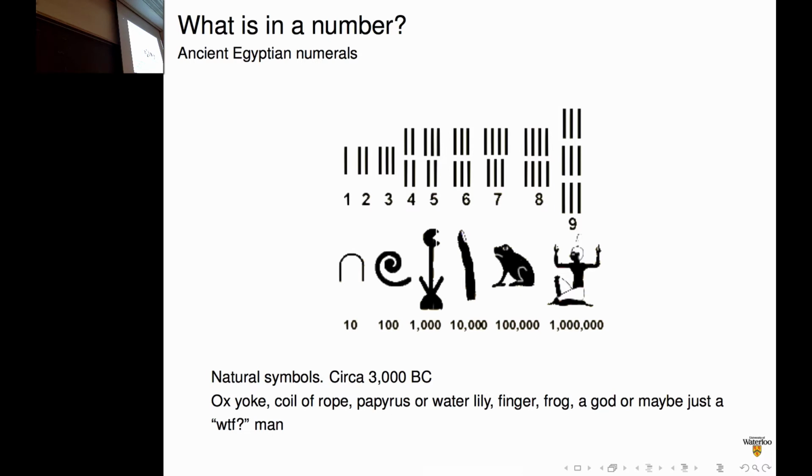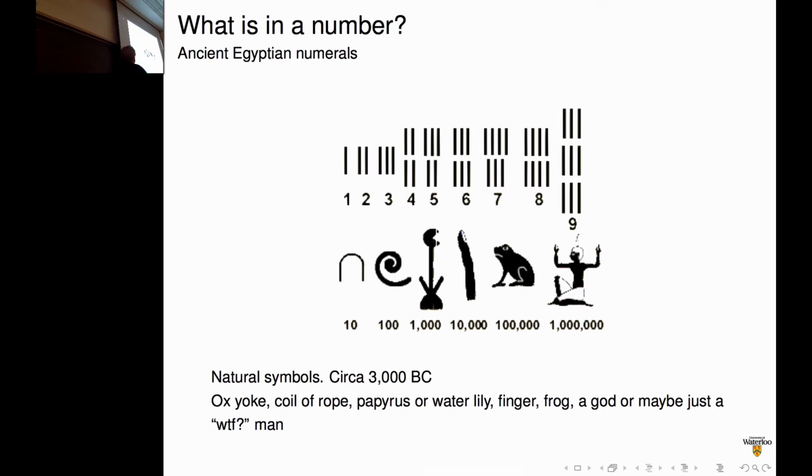Imagine that there's a lot of those, tens of those, and this 100, finger 10,000. See lots of frogs, if you remember Old Testament kind of plagues of frogs and things, lots of frogs around the Nile. And this is which I call the WTF man. I mean, it's just so big, right?